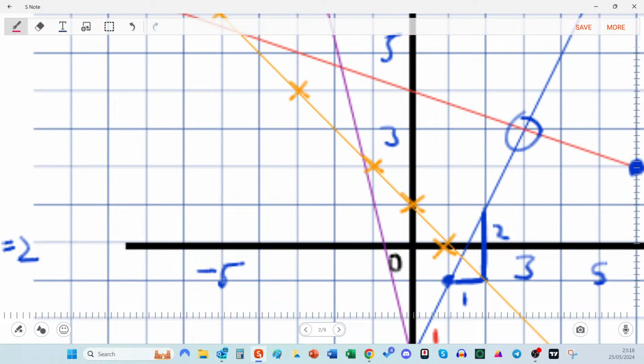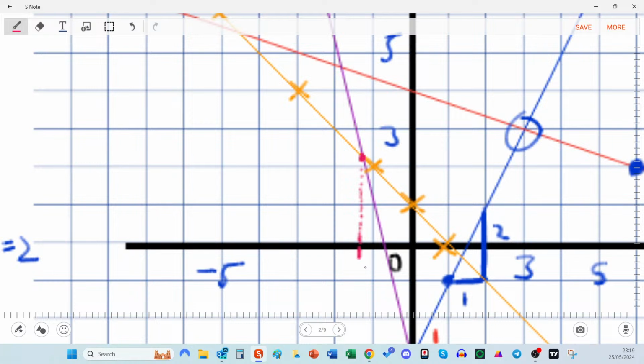So the intersection of these two graphs, as you can see, is around here. But it says we've got to make our method clear on the graph. It's not about finding it exactly because it's estimation. So my method is to find the point of intersection, essentially solving this, and to draw a dotted line with the ruler, preferably, straight down to here.